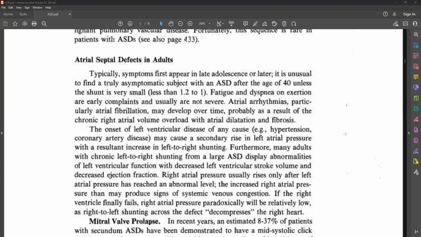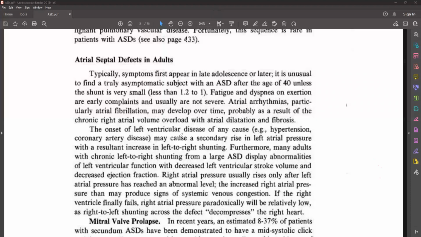But there is an exception. When the patient has underlying hypertension or coronary artery disease, that can cause a secondary rise in left atrial pressure. So the initial shunt may be small, but over a period of time, because of the additional causes, as the age increases, the individual may have other things.